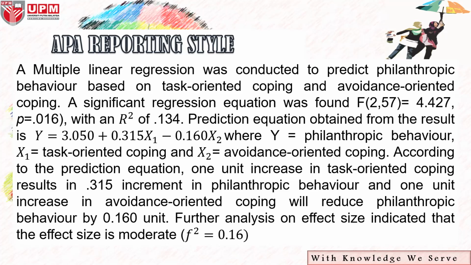According to the prediction equation, 1 unit increase in task-oriented coping results in 0.315 increment in philanthropic behavior, and 1 unit increase in avoidance-oriented coping will reduce philanthropic behavior by 0.16 unit. Further analysis on effect size indicated that the effect size is moderate, or medium, which is f squared equals 0.16.